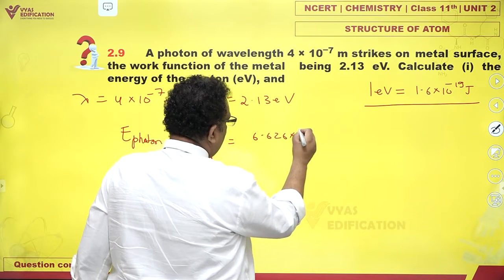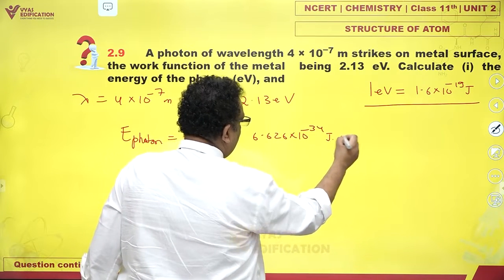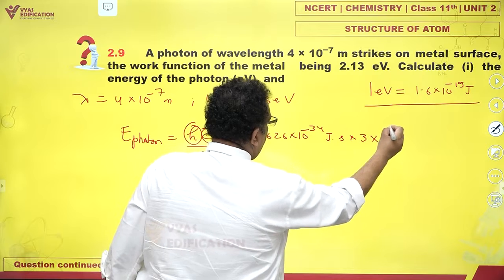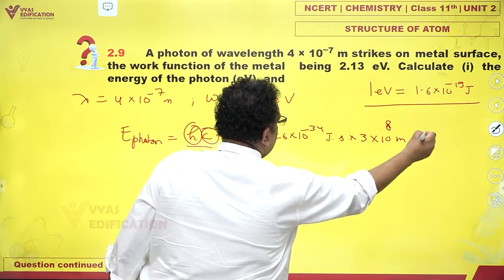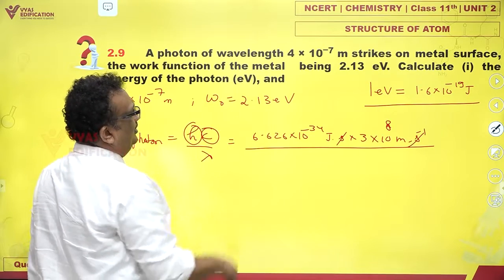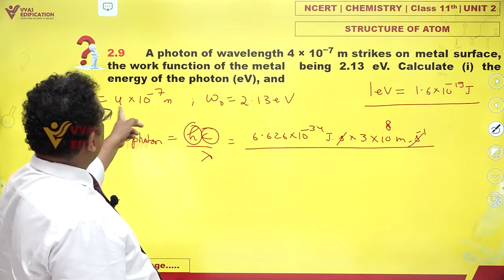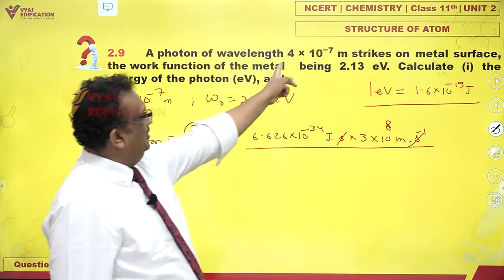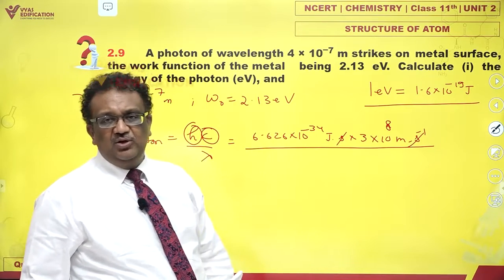h is 6.626 × 10⁻³⁴ joule second, c is 3 × 10⁸ meters per second, divided by lambda. Here lambda is 4 × 10⁻⁷ meter, which is 4,000 angstrom units.